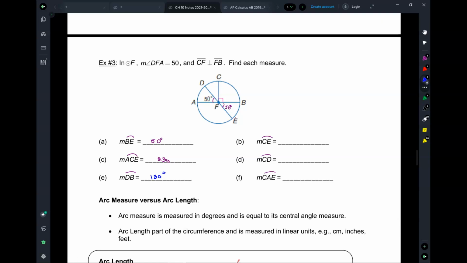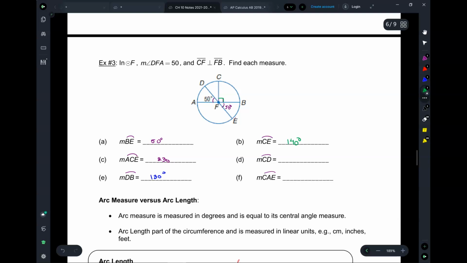Measure of arc CE. It helps to trace these out. C to E, what did I pass here? 90 degrees plus the 50 degrees, that's 140 degrees.